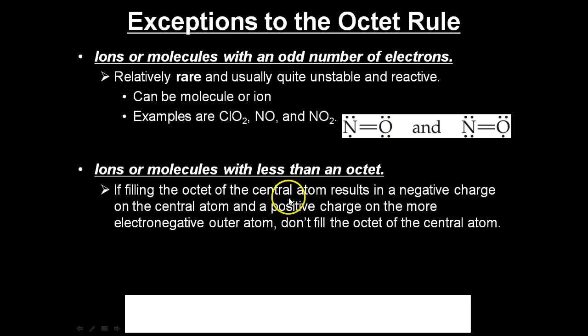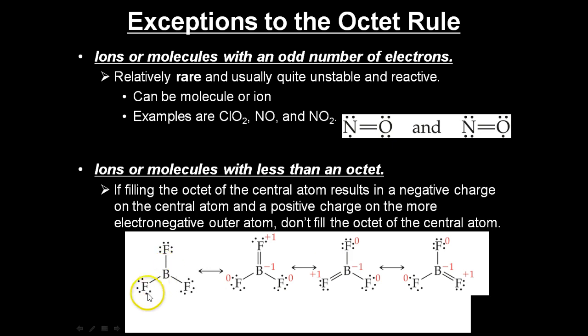If filling the octet of a central atom results in a negative charge on that central atom and a positive charge on one of the outer atoms, don't fill the octet of the central atom. Just fill the octet of the outer atoms and leave the central atom unfilled. Here are some examples of that.